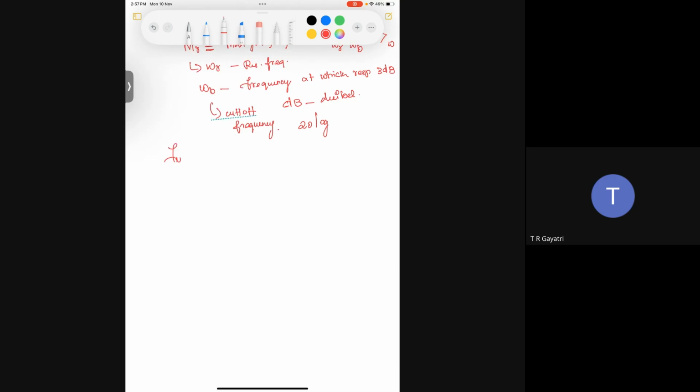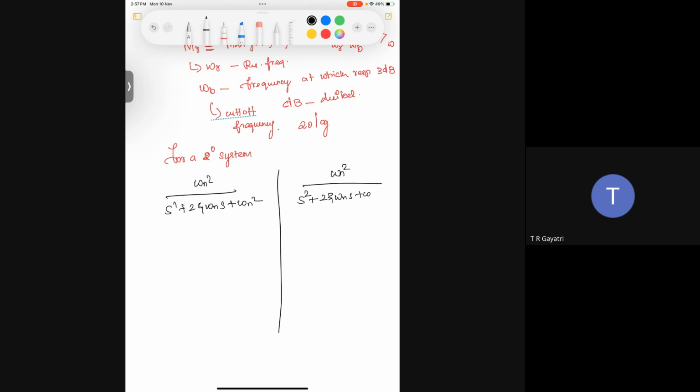For a second order system in the time domain, we have omega n square divided by s square plus 2 zeta omega n s plus omega n square. Here in the frequency domain it will be omega n square divided by omega n square minus omega square plus j 2 zeta omega n into omega.